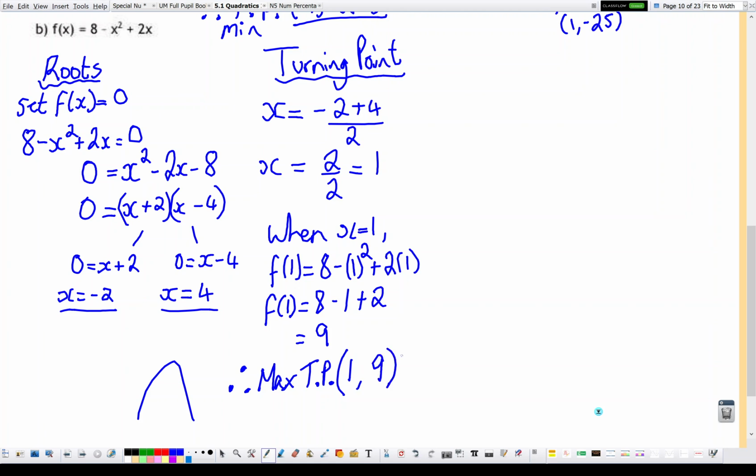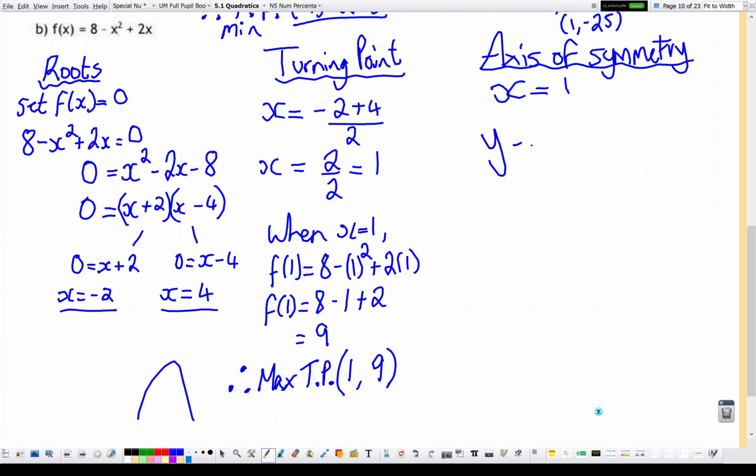Okay, so a bit simpler than the last one. We've done most of the hard work. Now we just need to get that axis of symmetry and the y-intercept. So they shouldn't take long. So axis of symmetry is just x equals the x value of the turning point. So that's just going to be x equals 1. And it's done.